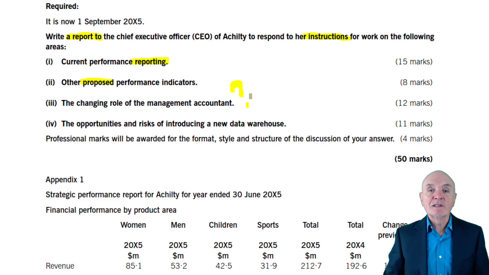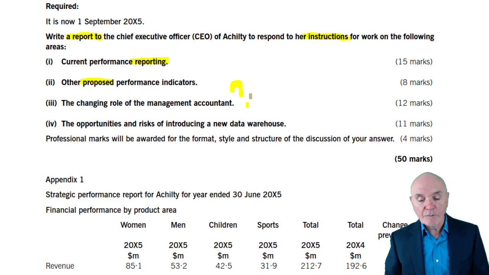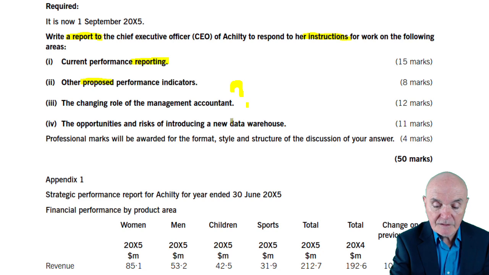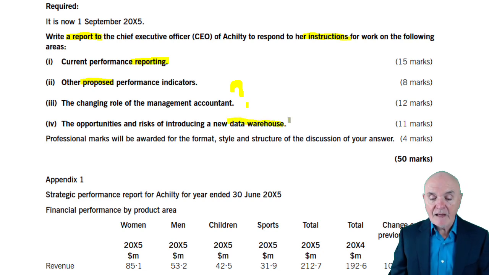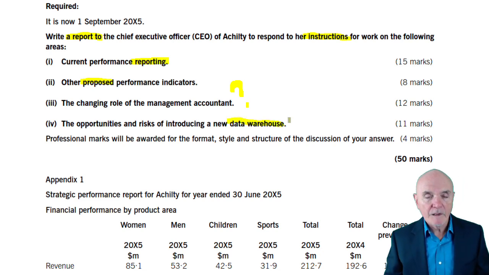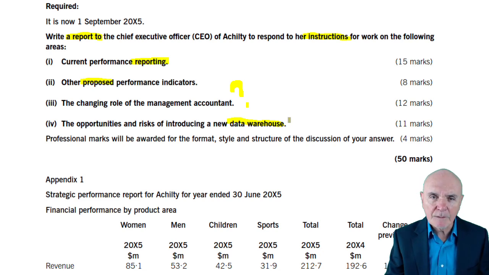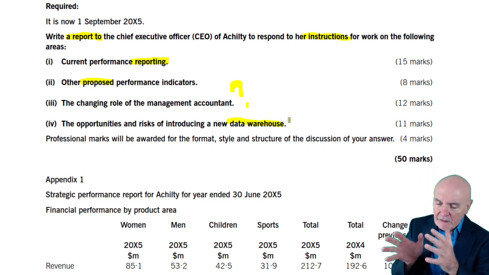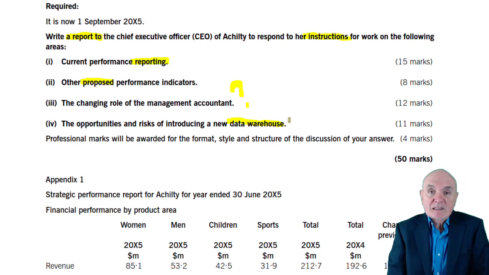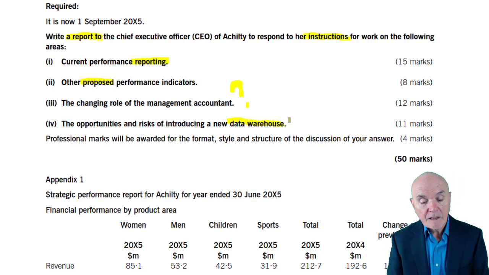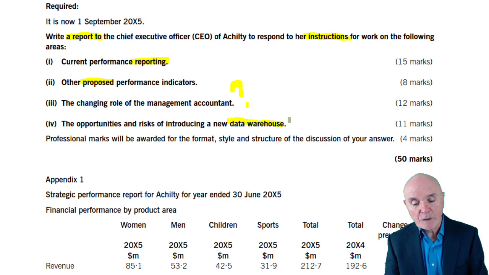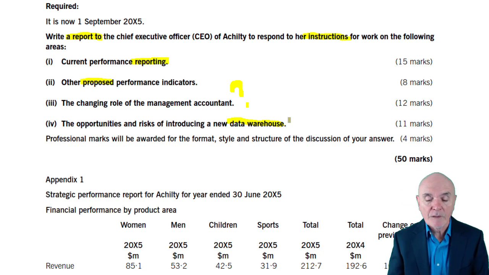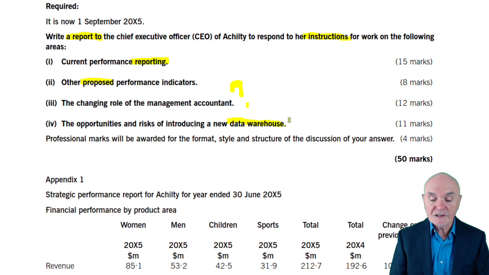And then opportunities and risks that can arise from introducing a new data warehouse. And that's probably something we would feel, that's rather a factual type of question. It has to be still tailored to the specifics of this company. But of everything that's here, perhaps the opportunities and risks arising from a new data warehouse may well be almost the easiest part of the question to address.